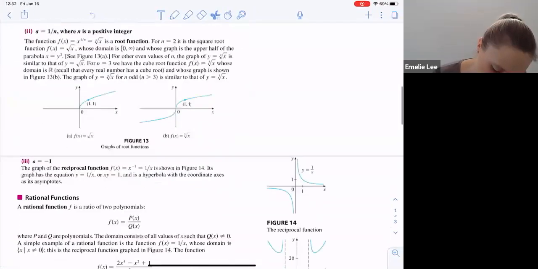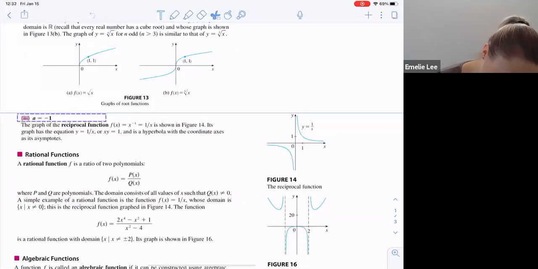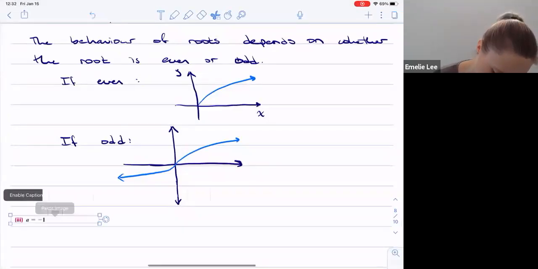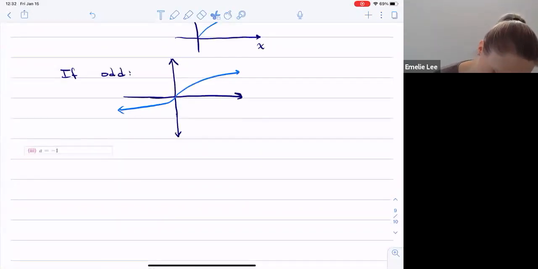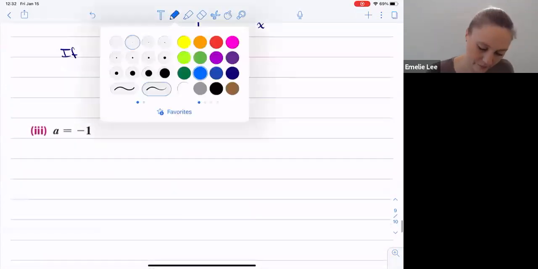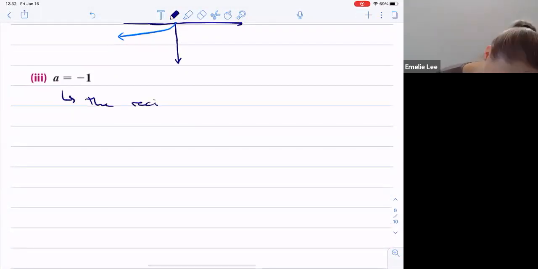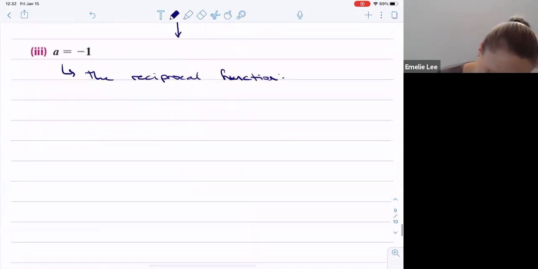Finally, we've got the reciprocal function. Kind of keeping with the, the reciprocal function, right?